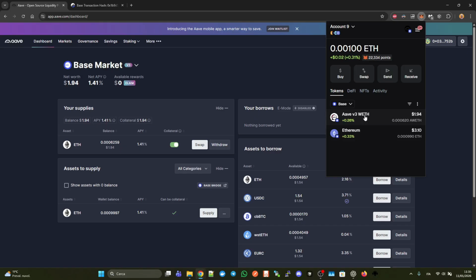which is basically used by Aave to calculate your interest. With this token, Aave V3 WETH, Aave tracks your accrued interest.